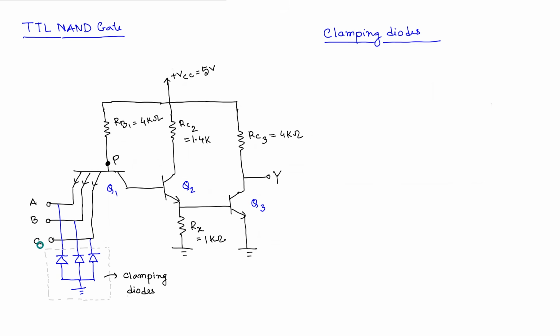So the idea is, let's say for a particular input, if the value goes to, let's say, -3 volt, then because the anode of this diode is connected to the ground, the voltage we are getting here is 0 volt.